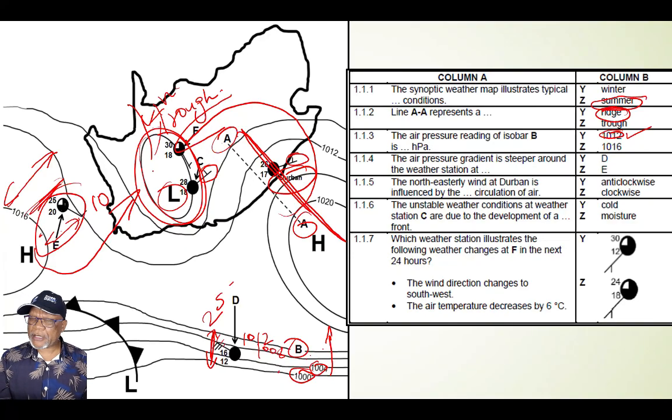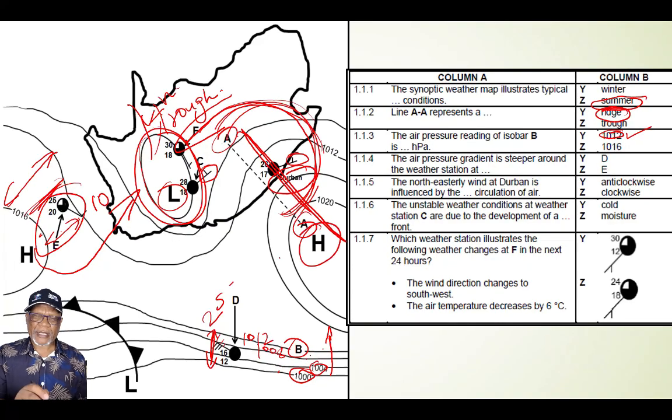So the question is, the northeasterly wind at Durban is influenced by the circulation, anti-clockwise or clockwise? Now we're saying it is because of the anti-clockwise. The influence is mainly because of this South Indian high pressure cell. And this side, it is the South Atlantic high pressure cell.